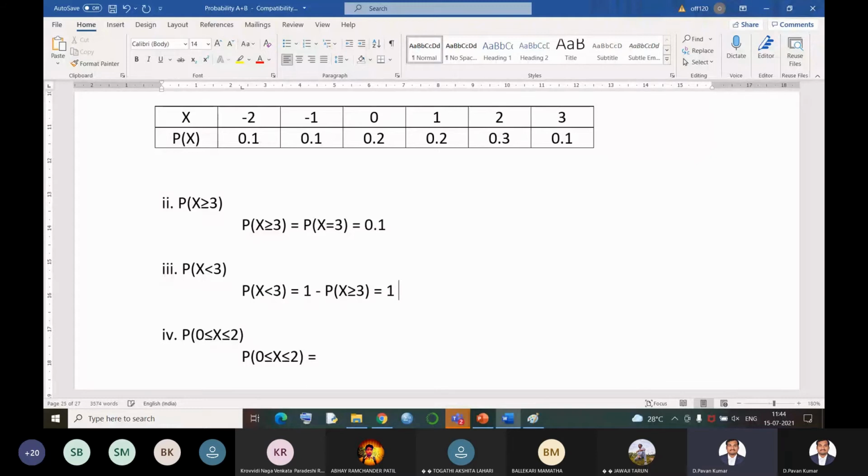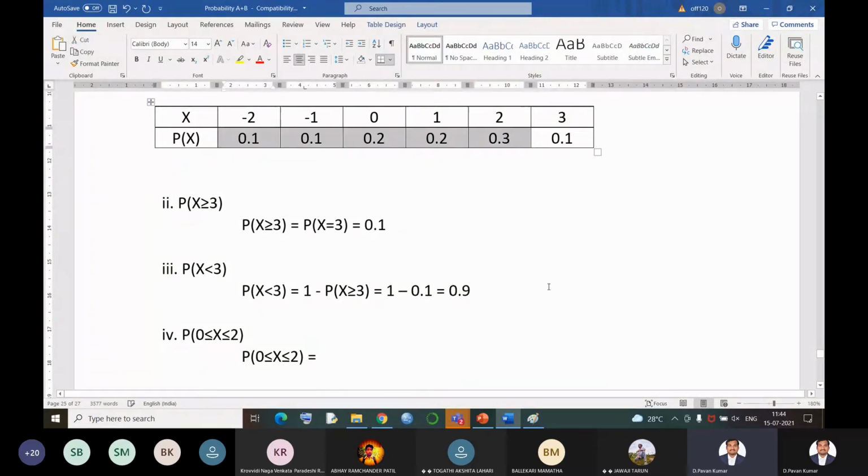That means 1 minus 0.1, our answer is 0.9. Though you add the values from -2 to 2, you get the answer 0.9, or if you subtract this one value from the total probability 1, you'll get the same answer.